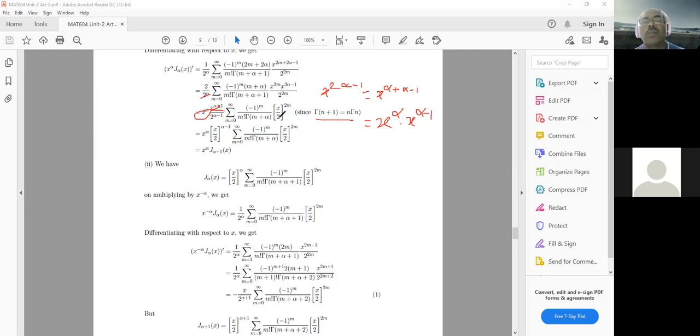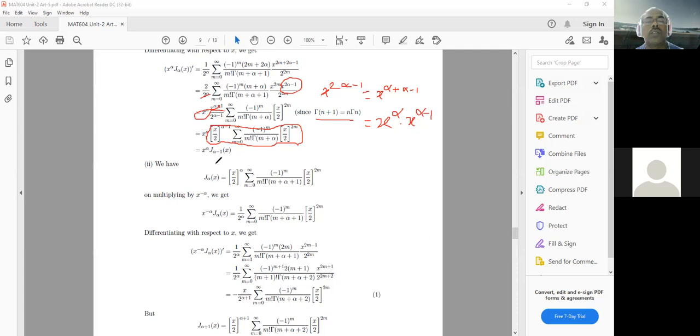This x to the power 2m divided by 2 to the power 2m can be written as x upon 2 to the power 2m, because we have taken this term outside. Again you can rearrange, and only x to the power alpha is outside.